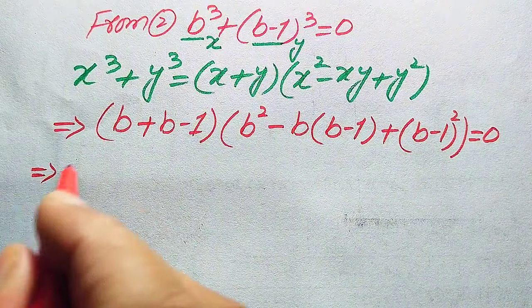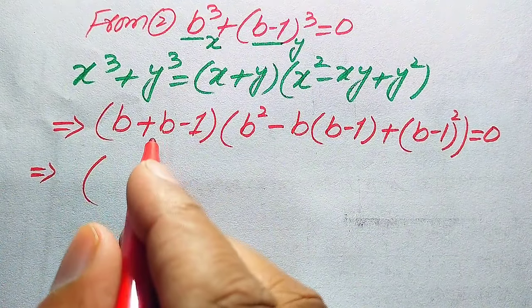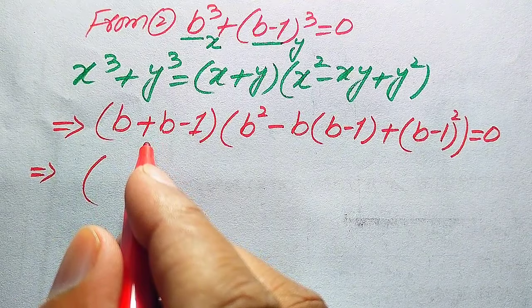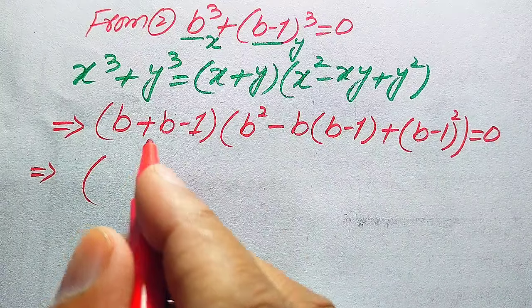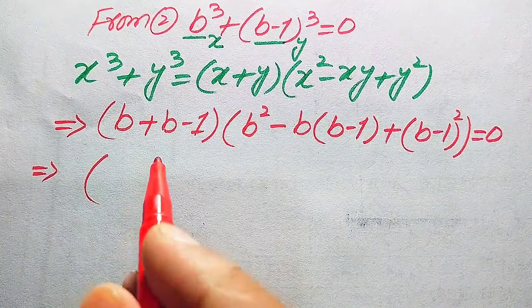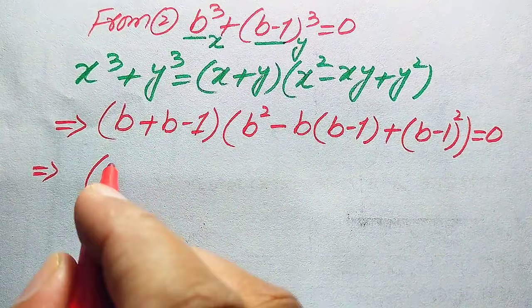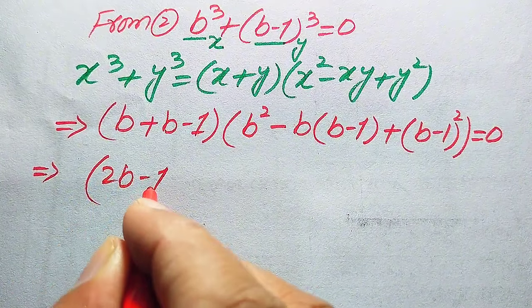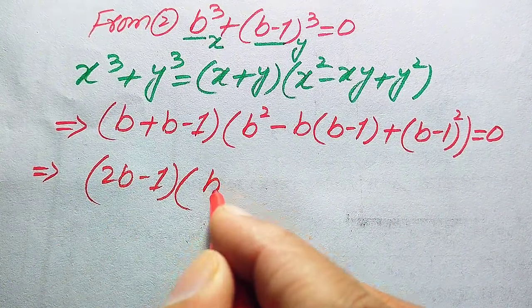And in the next step we need more simplifications. From here b plus b becomes 2b minus 1, into this which becomes b squared.